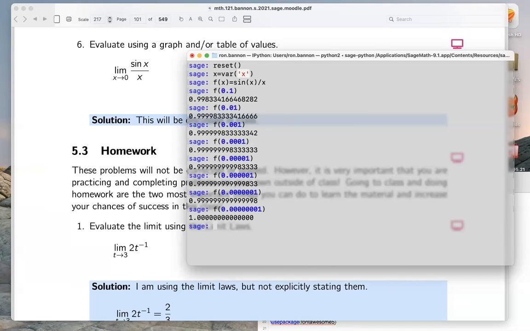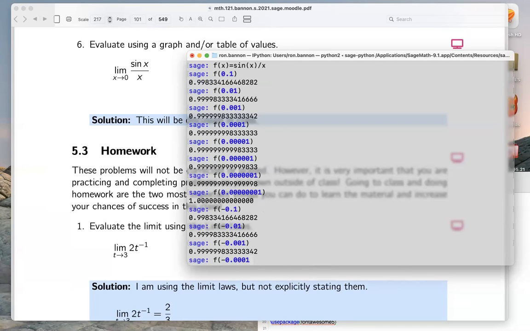Let's keep going. Let's go over left now. So what's a good left number? f of minus 0.1. That's to the left of 0, right? Oh, let's put another 0 in. Let's see what happens. Fairly simple.